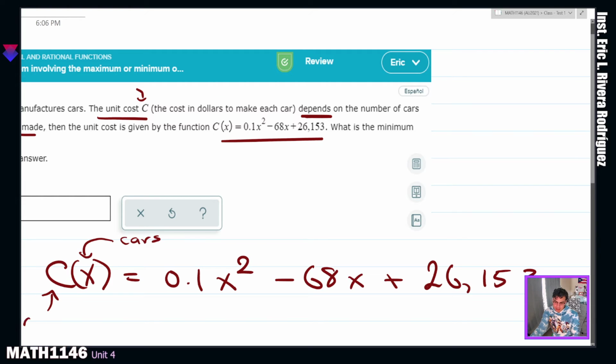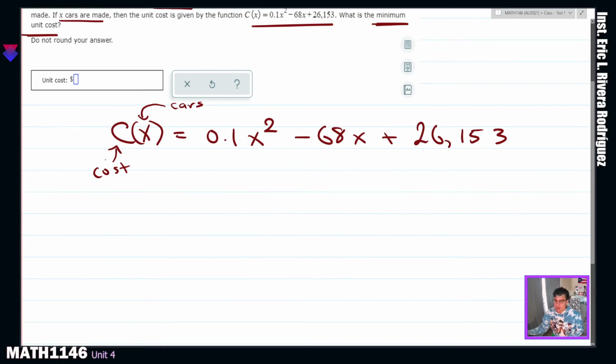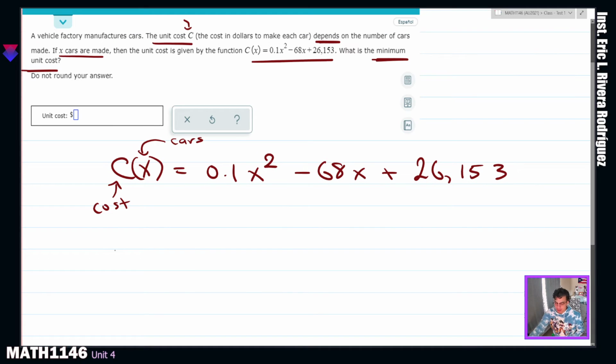All right. So the input here is how many cars are made, and the output is the cost of the production of a car. And what we want to find is the minimum unit cost. What is the minimum unit cost?